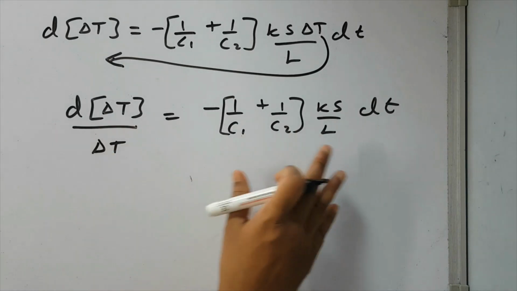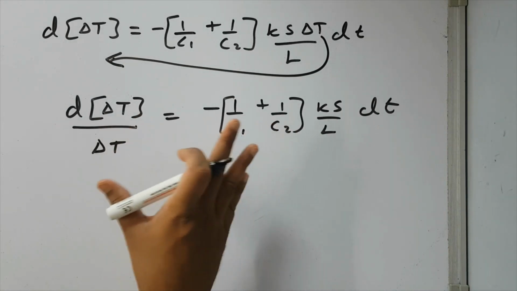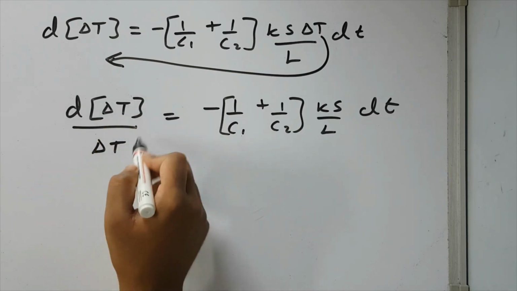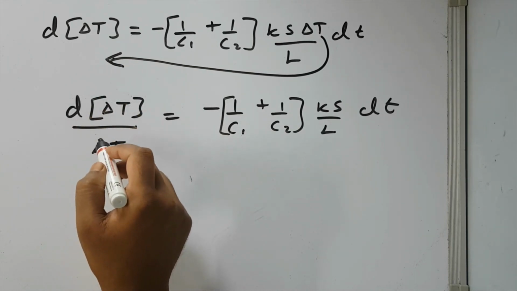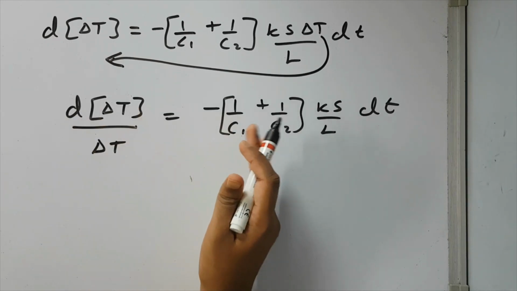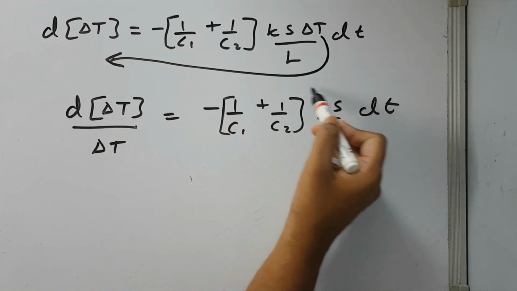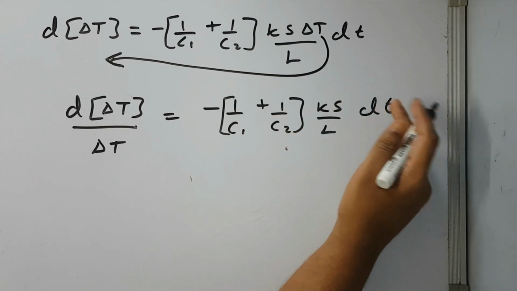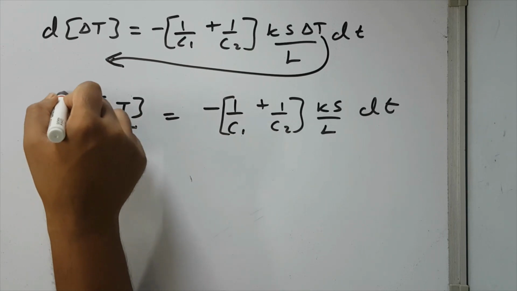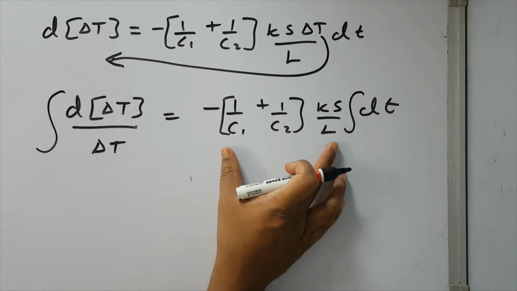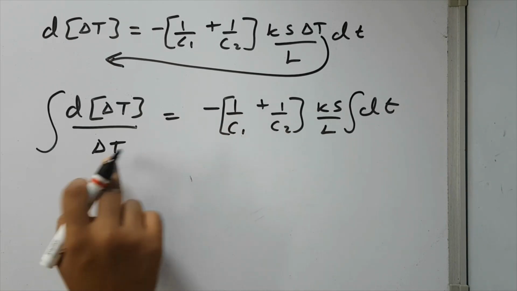Okay, now this is the differential form of whatever you are looking for, and as you can see on the left hand side, the variable is delta T, which is the change in difference in temperature of the body, and on the right hand side you could see that all these terms are constants, and the only variable here is time. Okay, so when you integrate them, all these terms are constant, so you could take them out.